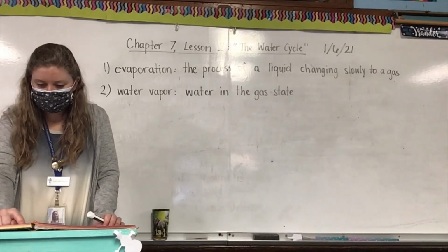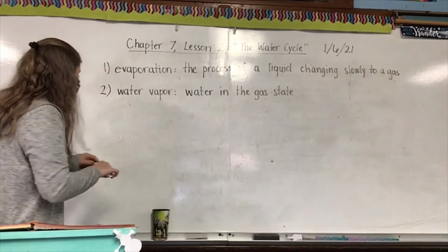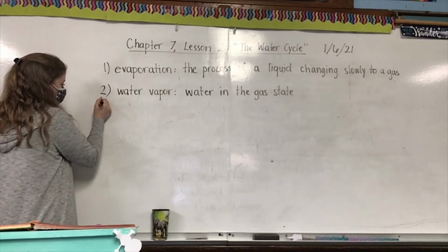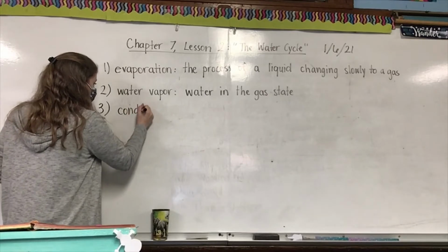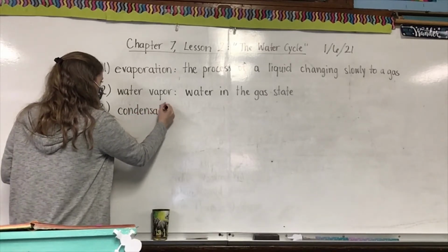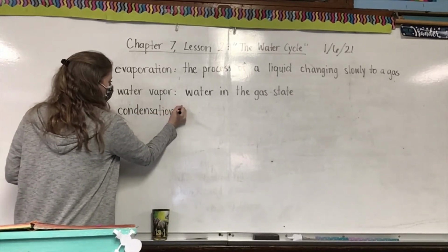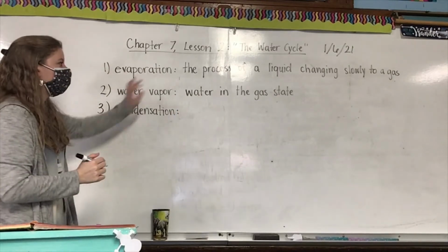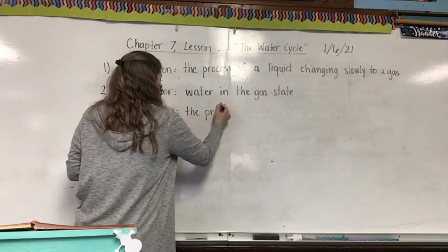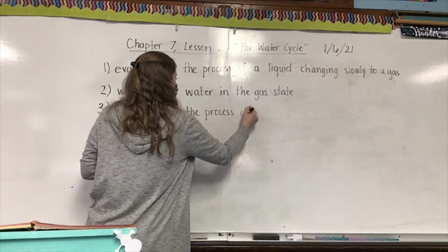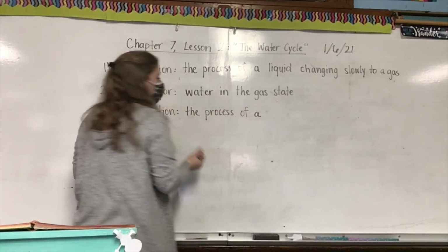Condensation is when a gas changes to liquid. So what's our next word? Condensation. Make sure you spell it right. It's in your book. We're going to put it in the same form as evaporation, so it's the process of a what, Smith?